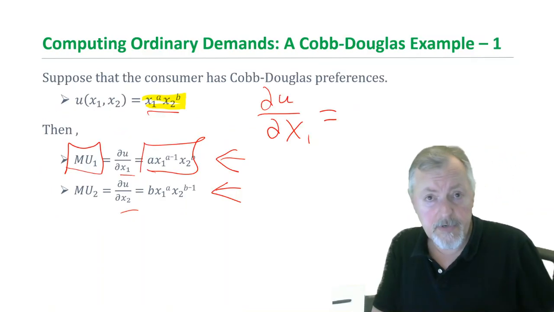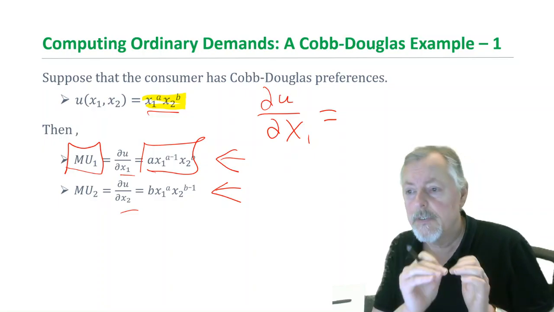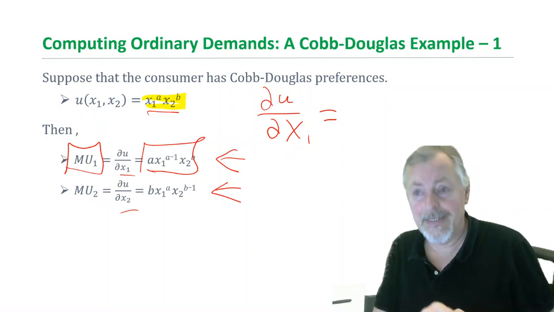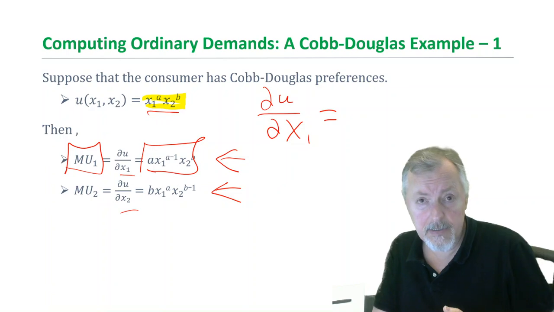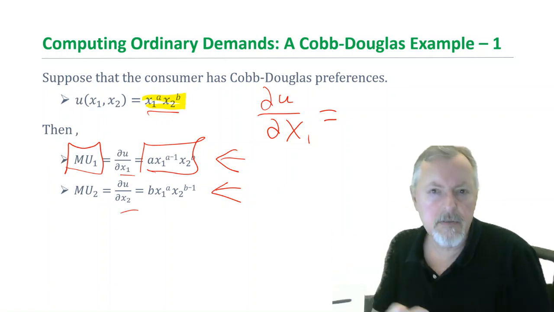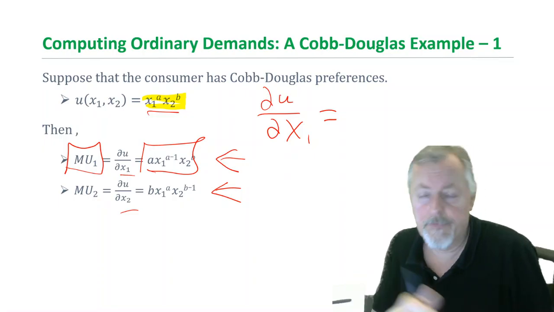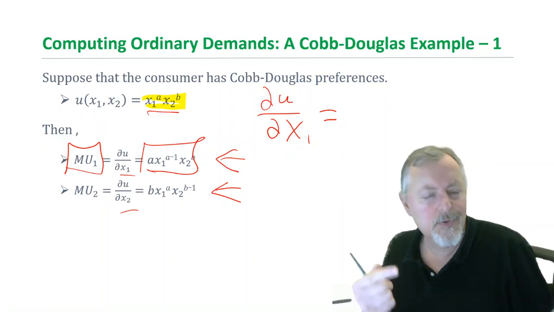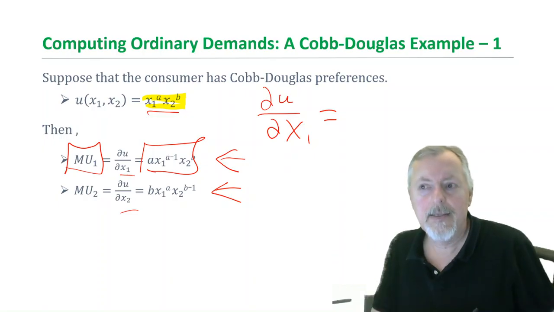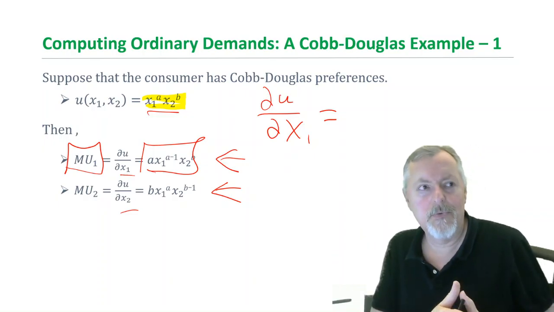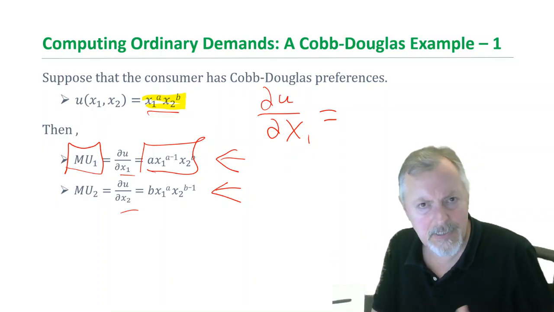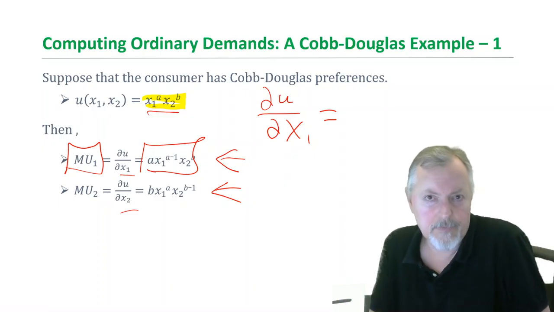Remember, for a partial derivative, you just treat everything that's not the variable you're interested in as a constant. Because remember from single variable calculus, a derivative, in a sense, is just the slope of the curve. When you're dealing with only one variable, there's no question about the direction you're dealing with. It's just the slope. There's only one of them.